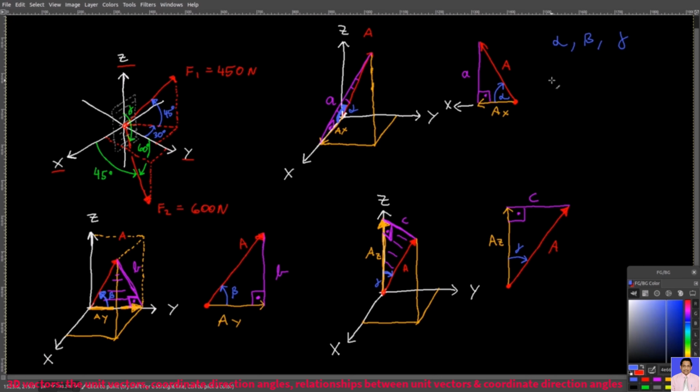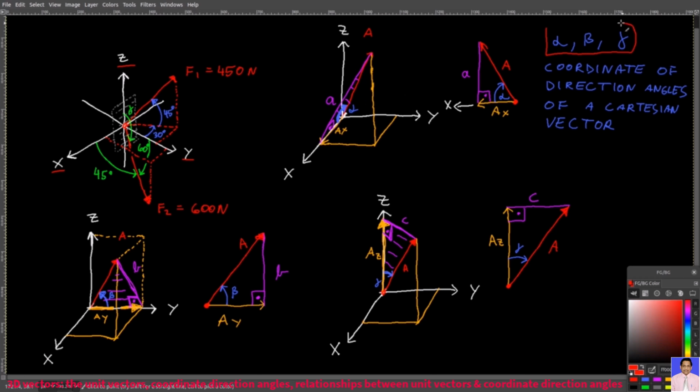They are special angles which are called coordinate direction angles of a Cartesian vector. If you have a three-dimensional vector, then in our right-handed Cartesian XYZ coordinate frame, you can completely describe the direction of your 3D vector using these three angles.